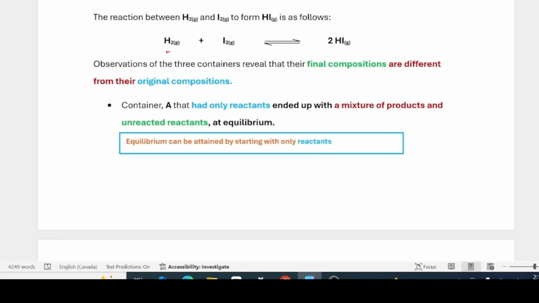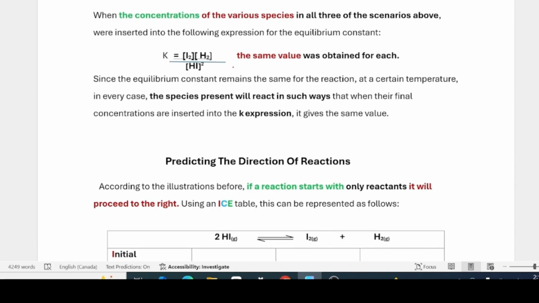This is how hydrogen and iodine react to give you hydrogen iodide. What scientists found was that the concentration of iodine times the concentration of hydrogen divided by the concentration of hydrogen iodide raised to the exponent 2 in every case gives the same value.